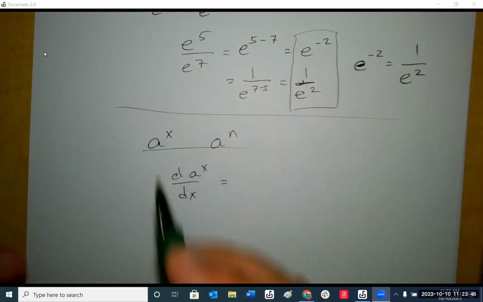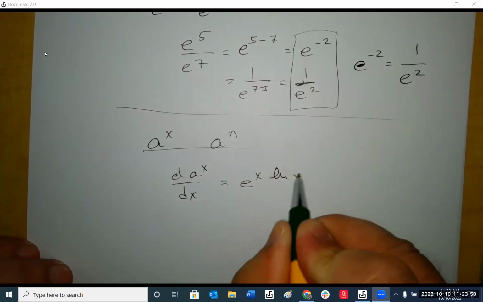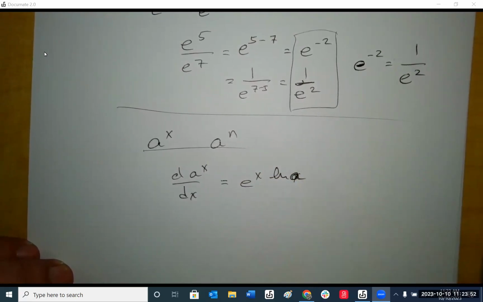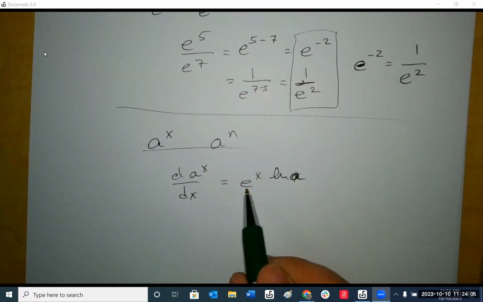Because I'm trying to remember the best way to prove it. It's going to equal x ln a. The derivative of any base a to the power x is equal to e to the power x ln a.